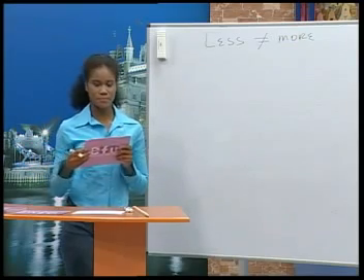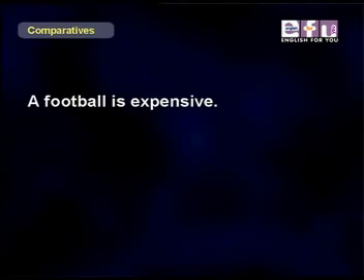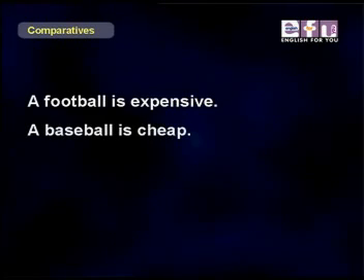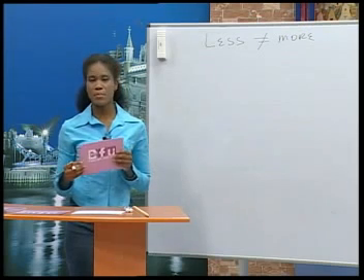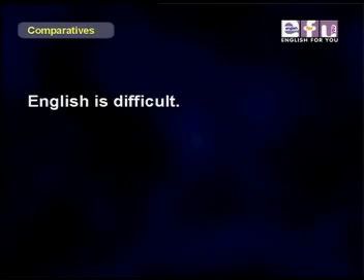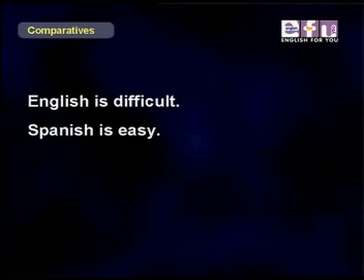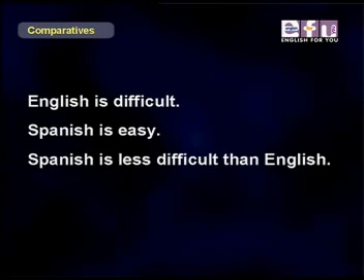Another example. A football is expensive. A baseball is cheap. A baseball is less expensive than a football. Another example. English is difficult, but Spanish is easy. So Spanish is less difficult than English.